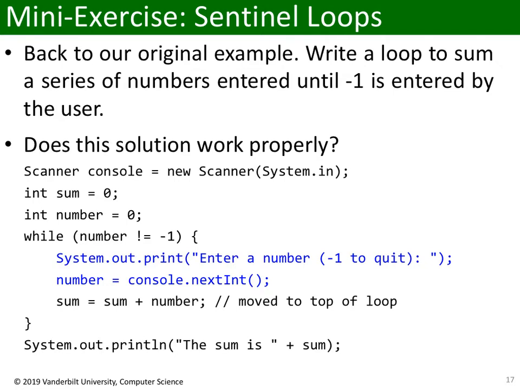So we want to get n numbers, but we only want to sum n minus 1 numbers. The solution here is to use a fencepost loop so that we can move one of the operations out of the loop so that the number of get numbers is equal to n minus 1 and the number of sums is equal to n minus 1.